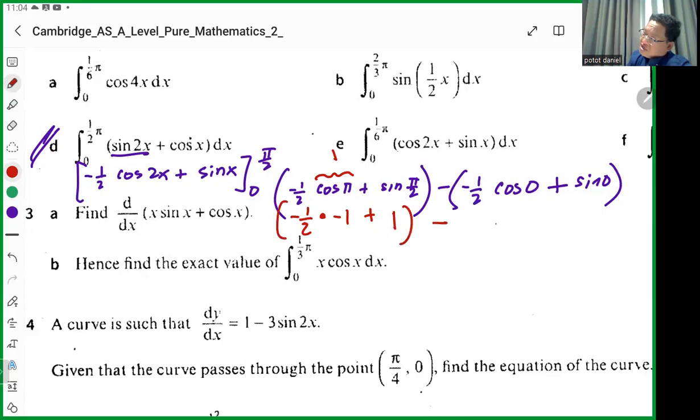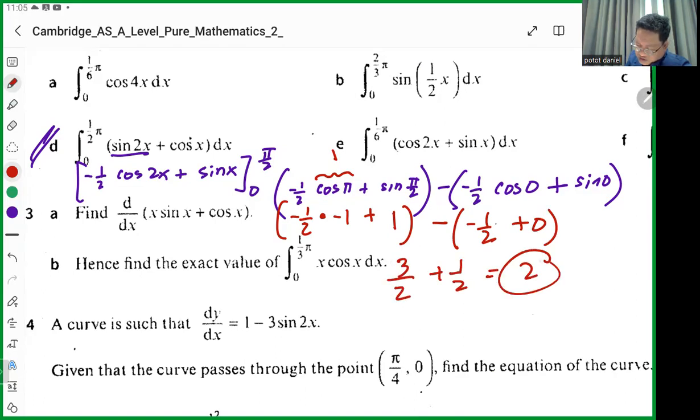Minus cosine 0, cosine 0 is 1, so negative 1/2 times 1 is negative 1/2. And sine 0 is 0, so plus 0. Therefore, 1/2 plus 1 is 3 over 2, minus 1 over 2 equals 1... so the total is 2.